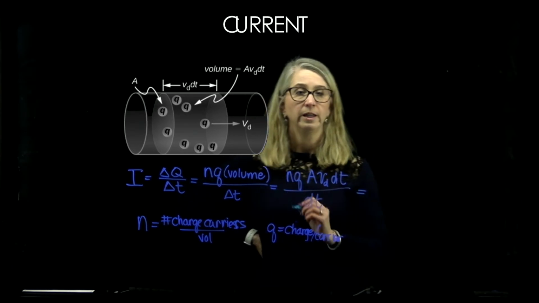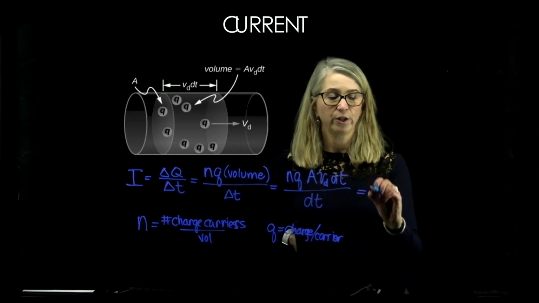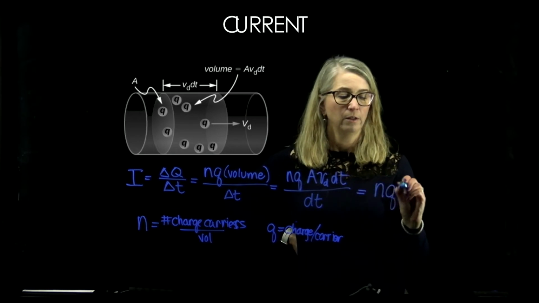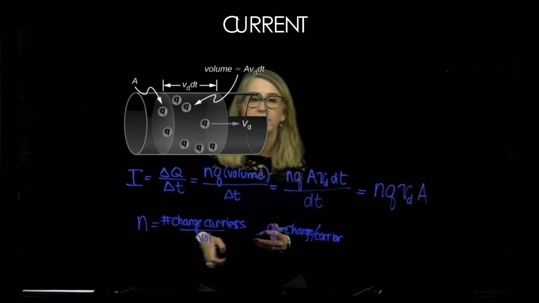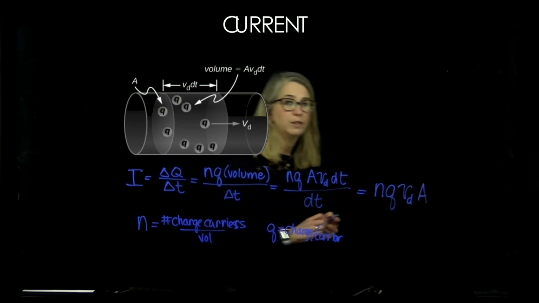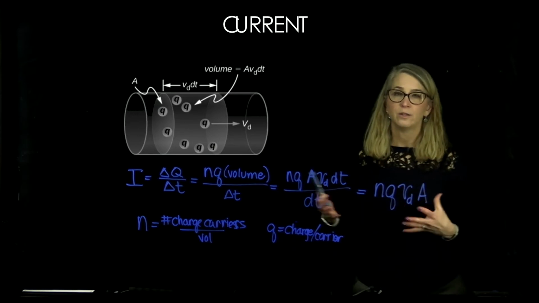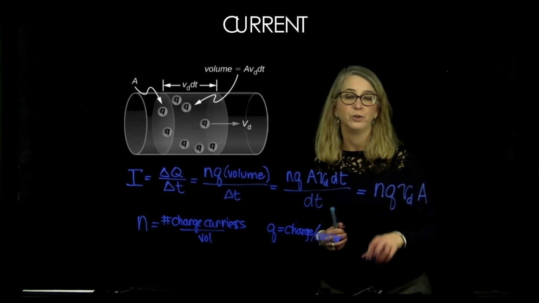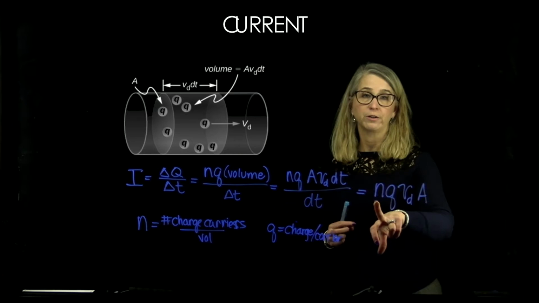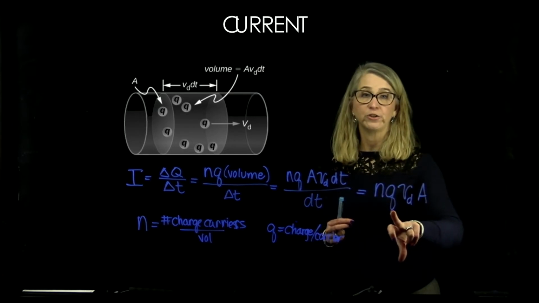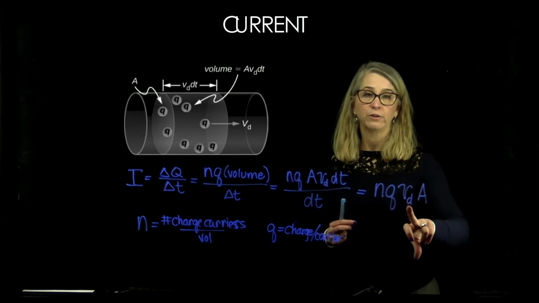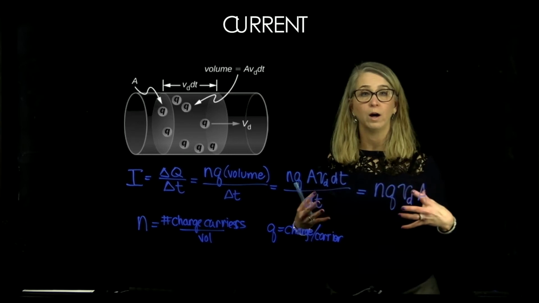And so in the end, our expression for the current looks like this. The current that we get in this model is related to how many charge carriers I have per unit volume, the charge that each of them has, the drift velocity, and the cross-sectional area of the wire.